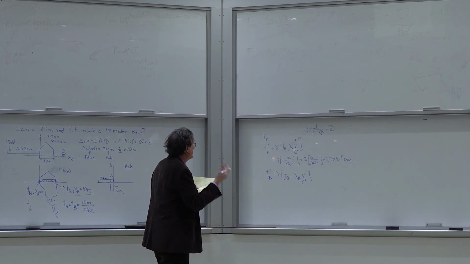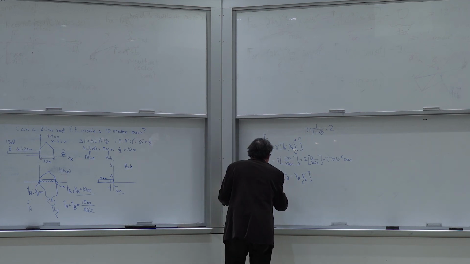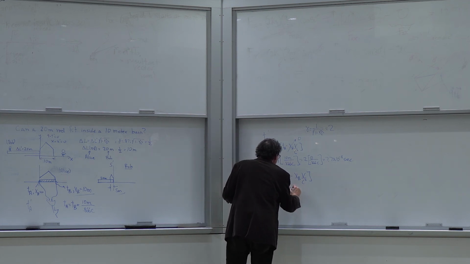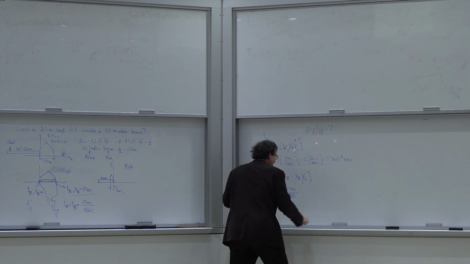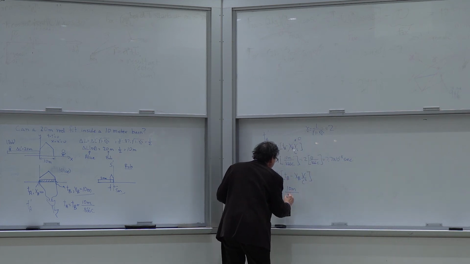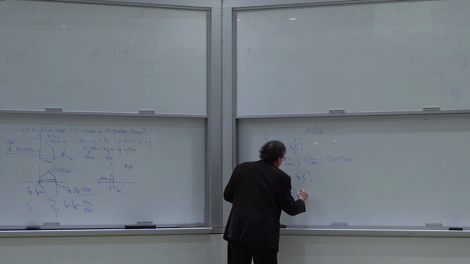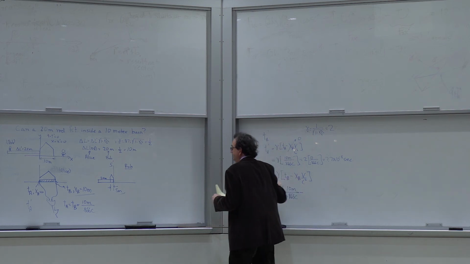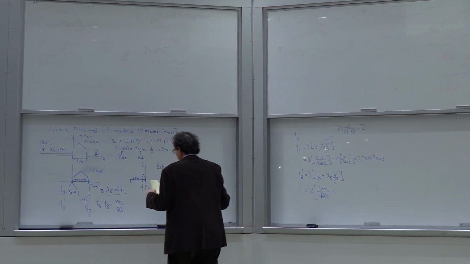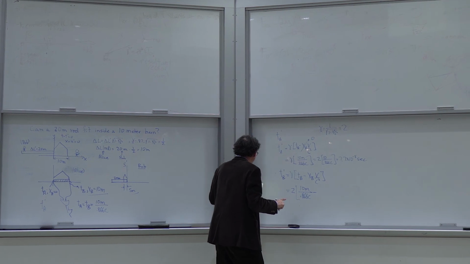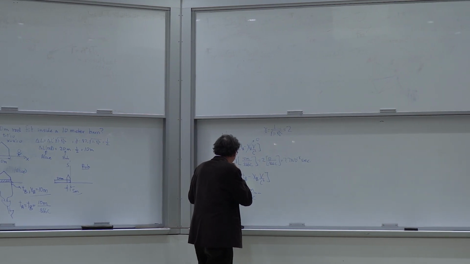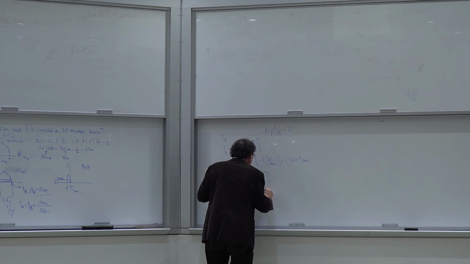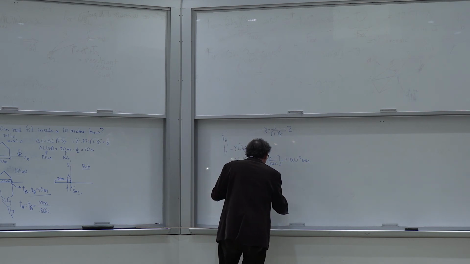Okay. Now I know what everything is, right? I know what T sub B is, so this is equal to 10 meters divided by 0.866 times c, and this is minus X sub B, but X sub B in this case is equal to 10 meters, because that's the length of the barn in Alice's frame of reference, times the velocity, which is 0.866 times c, divided by c squared.